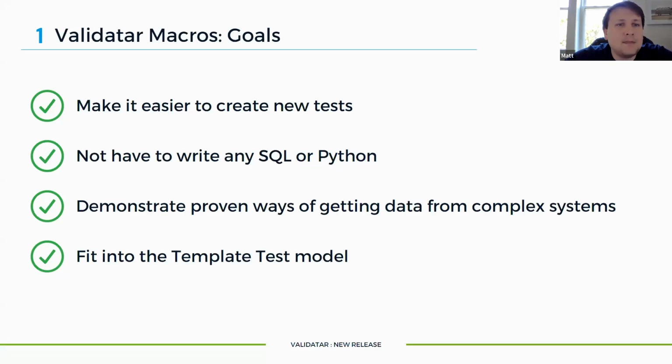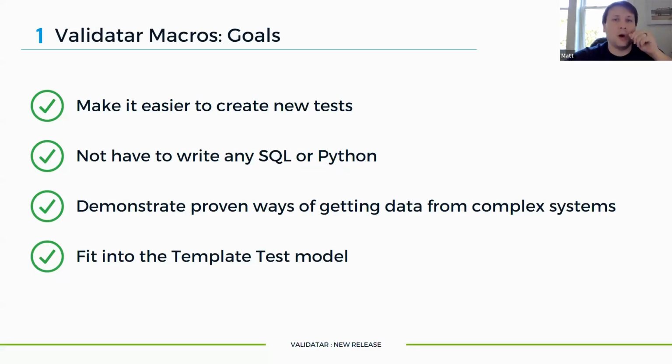And then secondly, we wanted to show proven ways of getting data from complex systems. Databases and SQL against databases is one thing, but when we open up into the world of APIs or file systems, things like that, the amount of options of what you can do to bring data back is much larger than a SQL select statement.